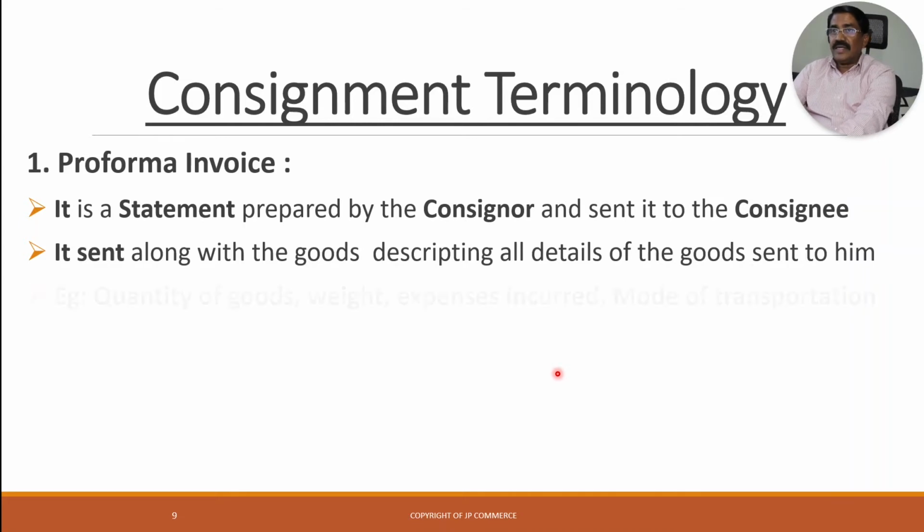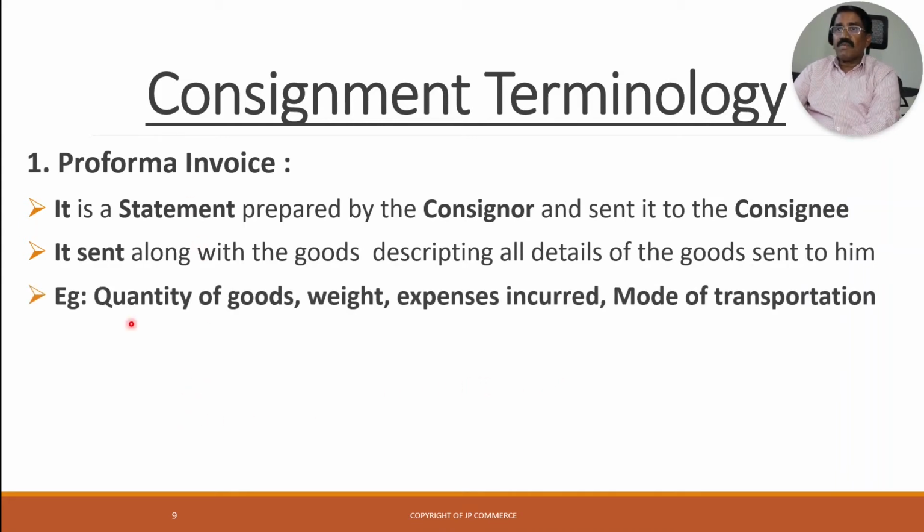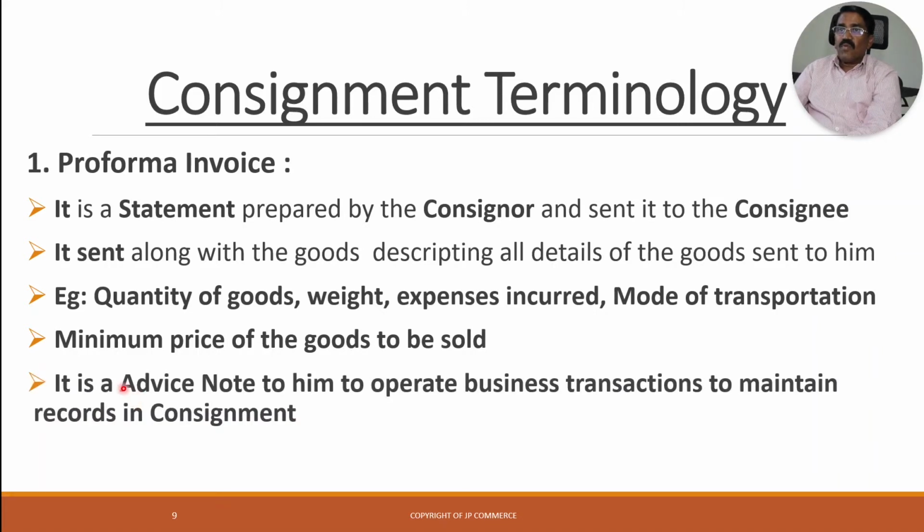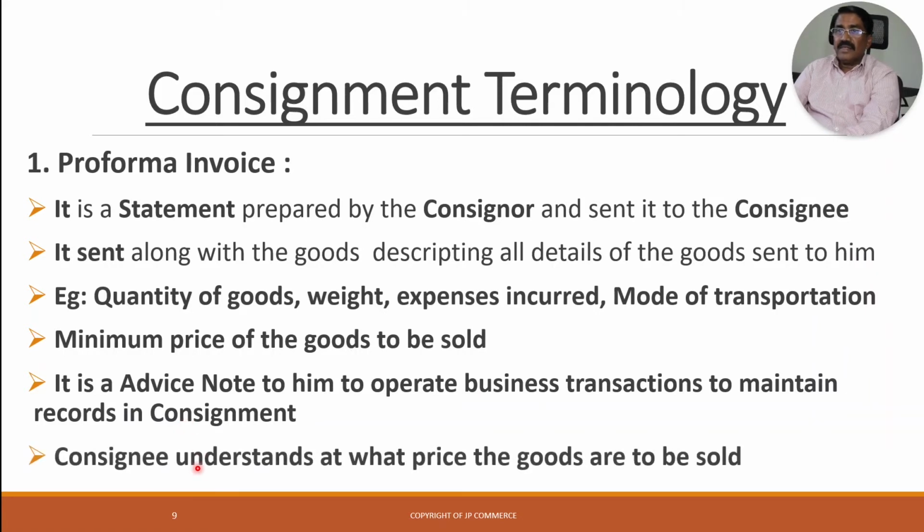It describes the quantity of the goods, weight, expenses incurred, mode of transportation, etc. The consignor also mentions the minimum price at which the goods are to be sold. It is an advice note to the consignee to operate the business transaction and maintain records. The consignee understands at what price the goods are to be sold.